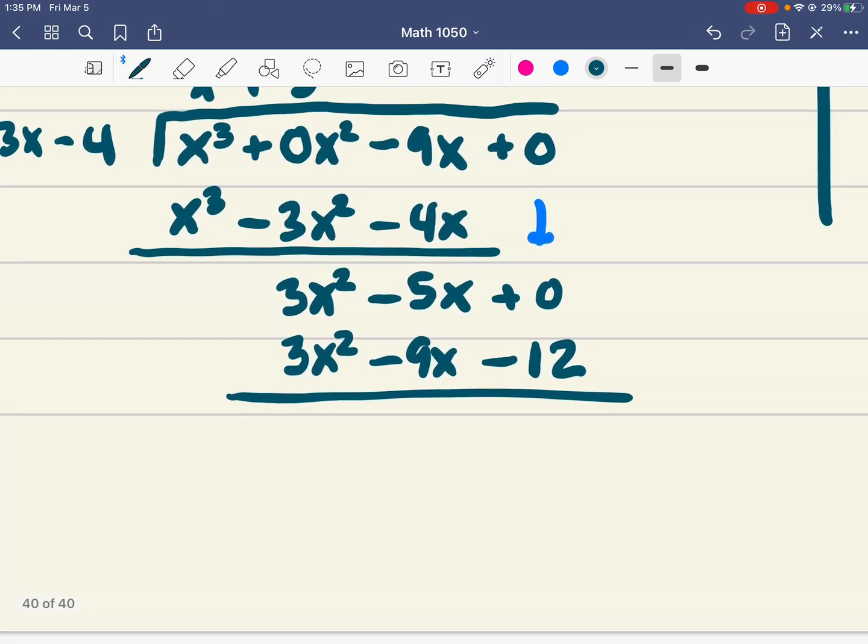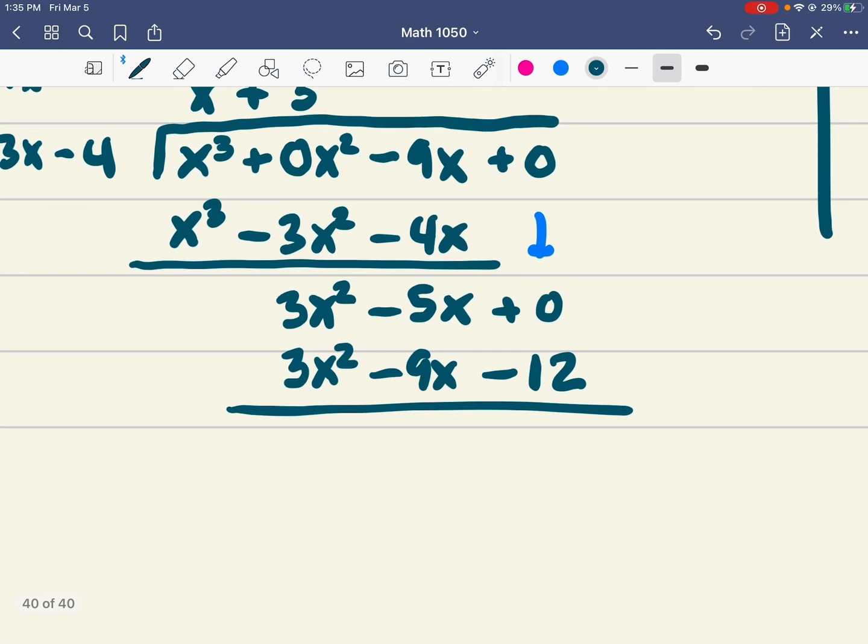And then I subtract those two polynomials. That gives me 0, 3x squared minus 3x squared, and then we have negative 5x minus negative 9x, which is positive 4x. Careful about those signs. If you need to pause me and think about that, please do. Taking away negative 12 gives you positive 12.